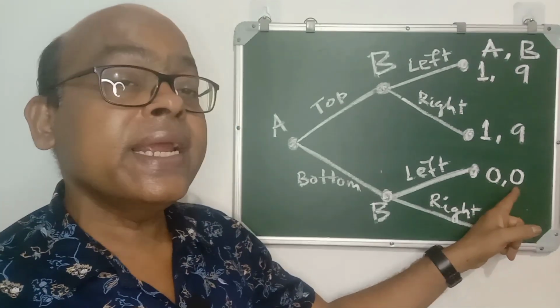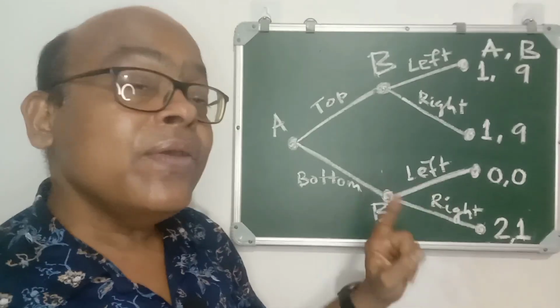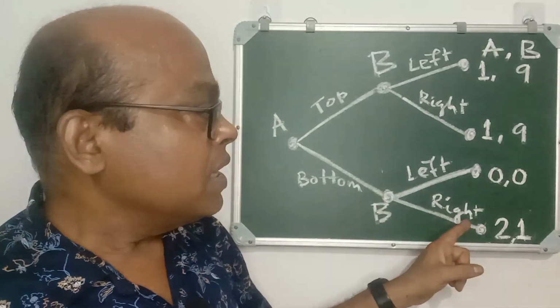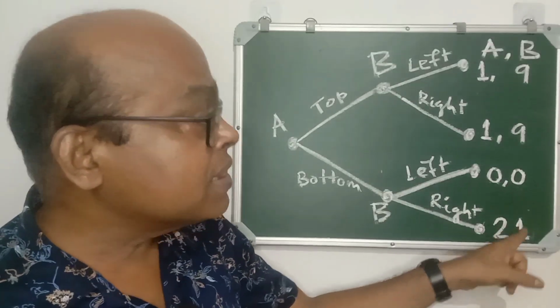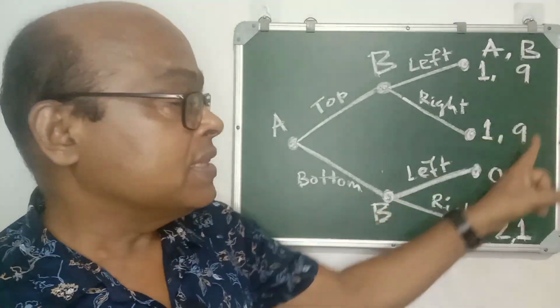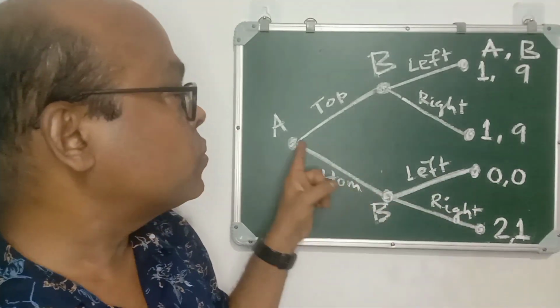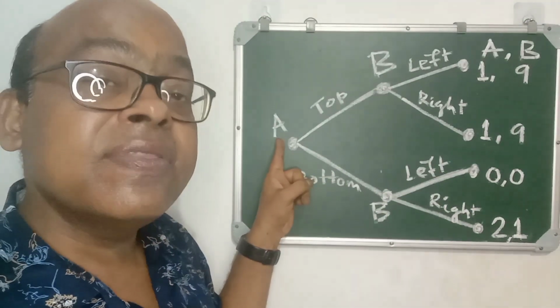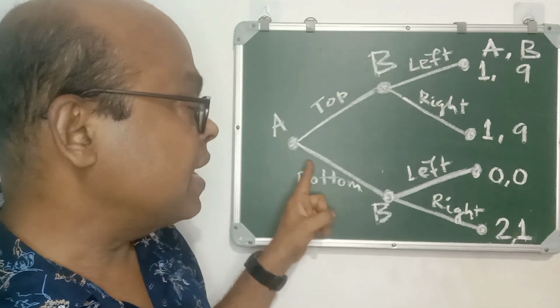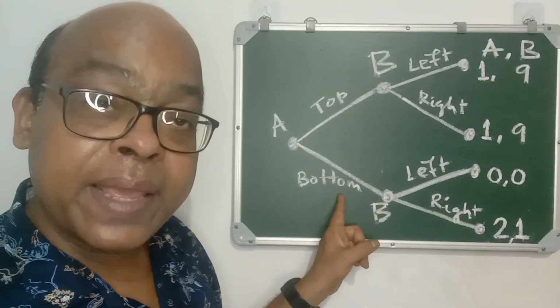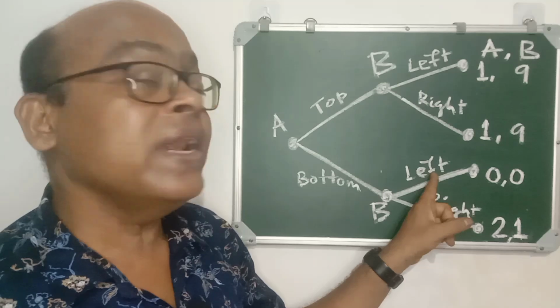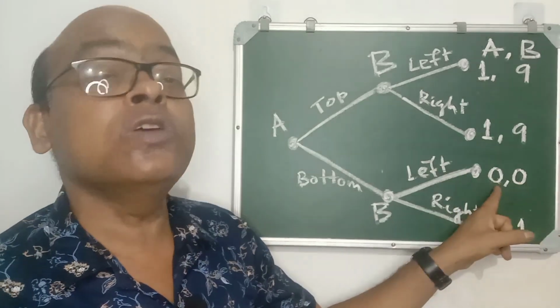Both will get 0. Why will he give the threat? Because he is getting 1, then 9. That's why B will threaten A that if A plays bottom, B will go for left. So both will end up with 0, 0.